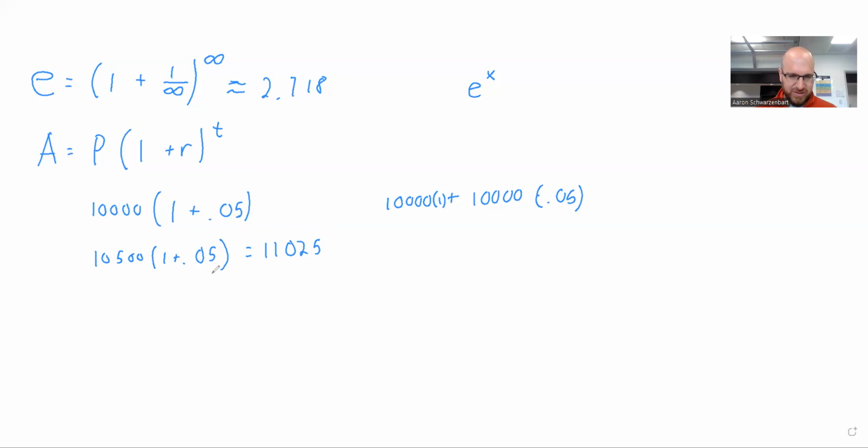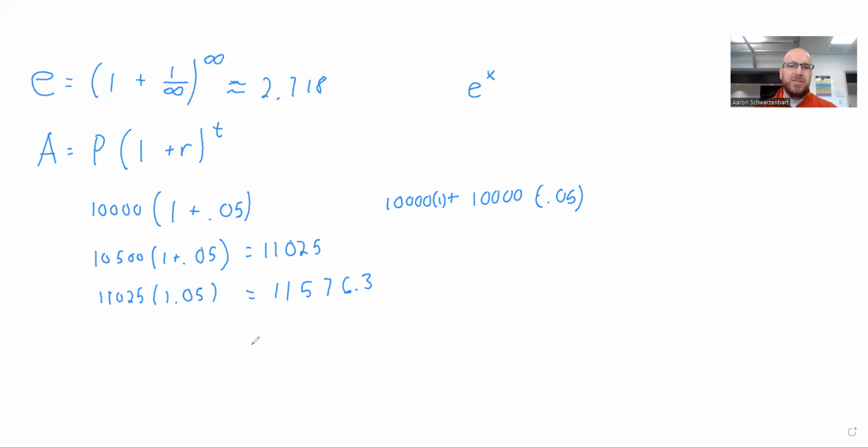Or if I do compound interest, I get my total money, which is 11,576.3. Now I've got an extra, instead of 11,500, I've got an extra $76.3.